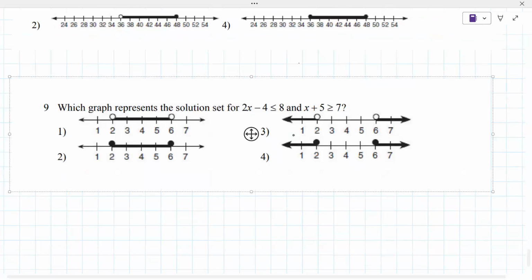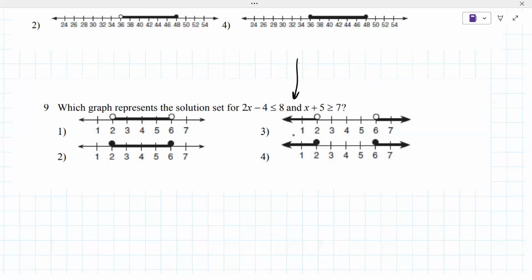This one, that middle word "and" is key. Okay, so I agree it has to be one or two here, and you're feeling pretty good about that one. All right, you are correct.